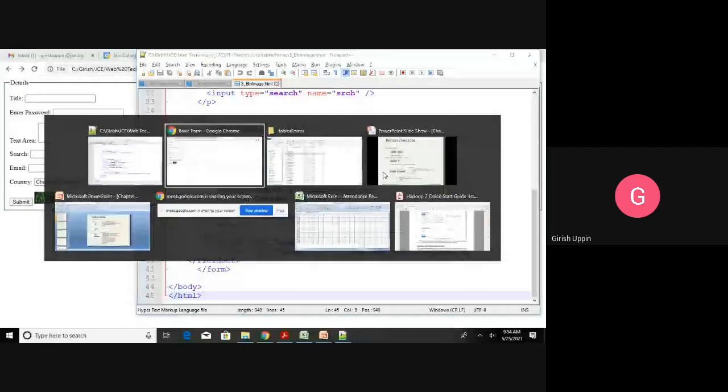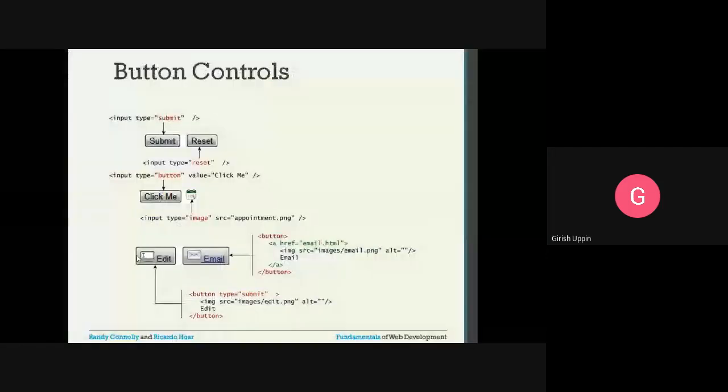Next we can have a button like this where we have an image. You can see the button type is equal to submit. This is a submit button, and I am including an image, image src. This is the location of the description.